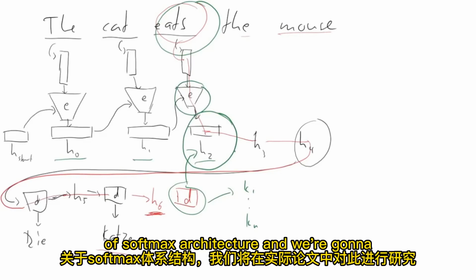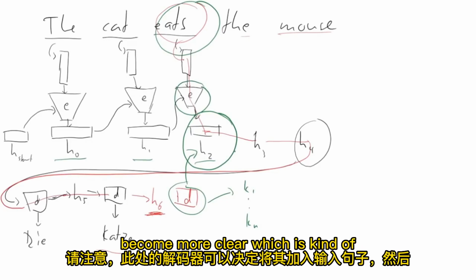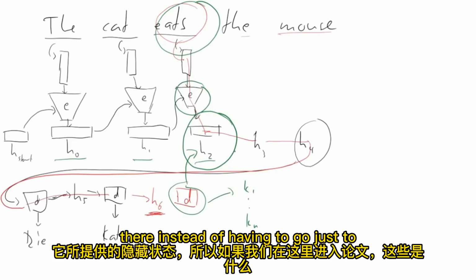And we're going to look at this in the actual paper we're discussing, because it's going to become more clear. But just notice that the decoder here can decide to attend to the input sentence and draw information directly from there, instead of having to go just to the hidden state it's provided with.